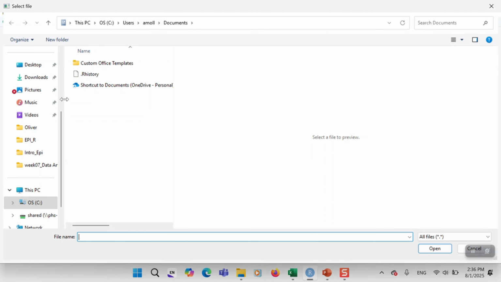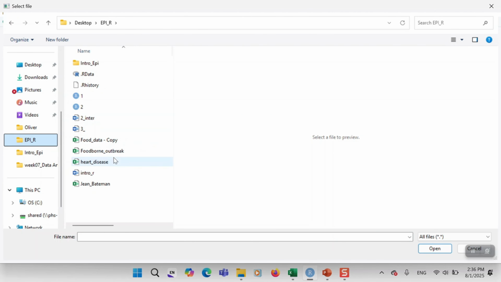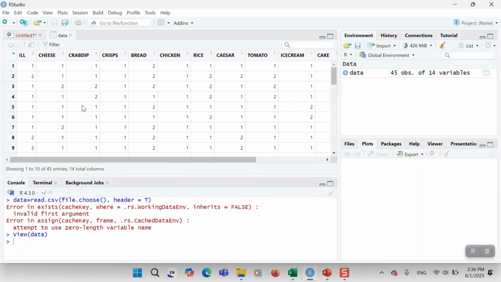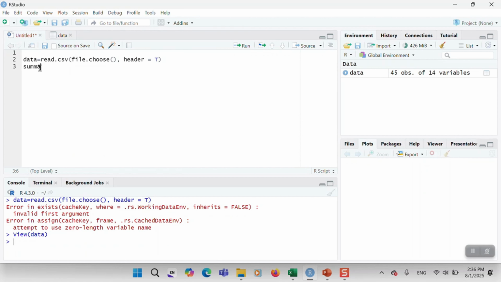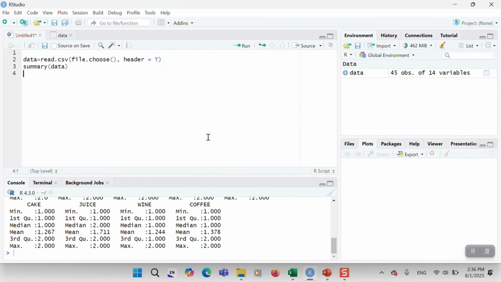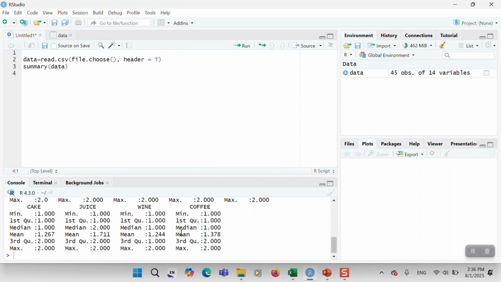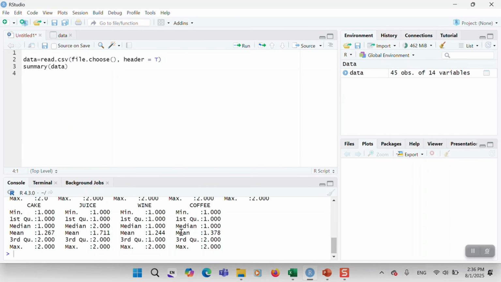It asks about where I have the data, which is here, Gene Bateman, and then here is the data. So you can look at the data here: ill, cheese, crab dip, and so on, right? So let's take a summary of the data to see if there are any missing values or not, like the previous lab. As you can see, all variables are complete, so there are no missing values.